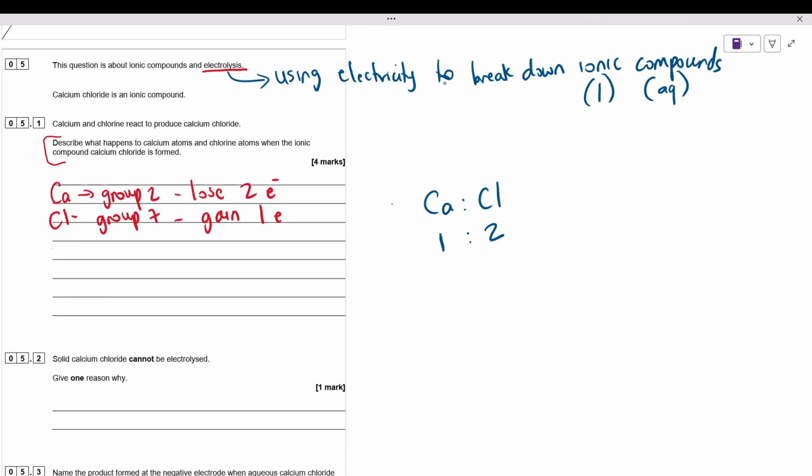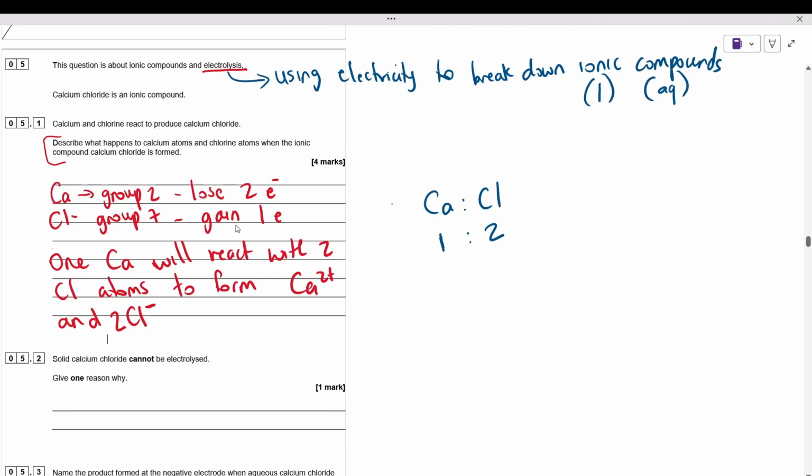So the answer for this question is that 1 calcium will react with 2 chlorine Cl atoms to form a Ca2+ ion and 2 Cl- ions. So that's what's going to be happening in this reaction to form calcium chloride. Notice the group and use your periodic table to support you.